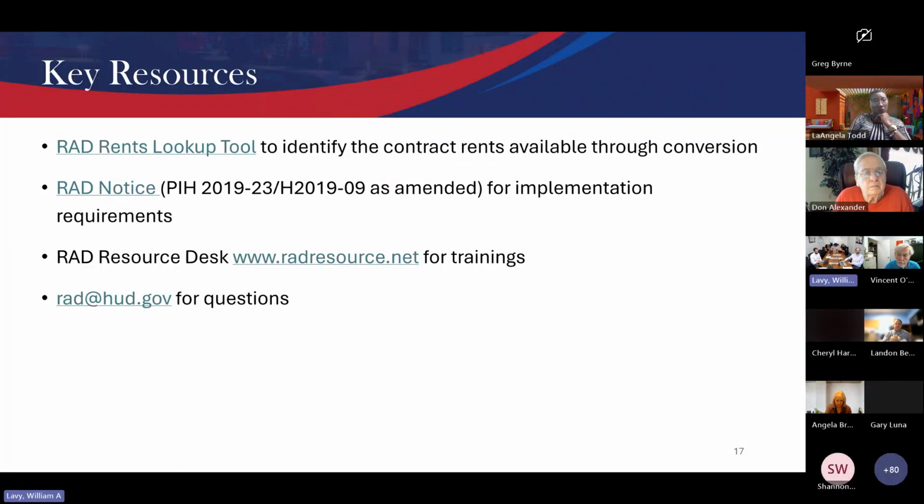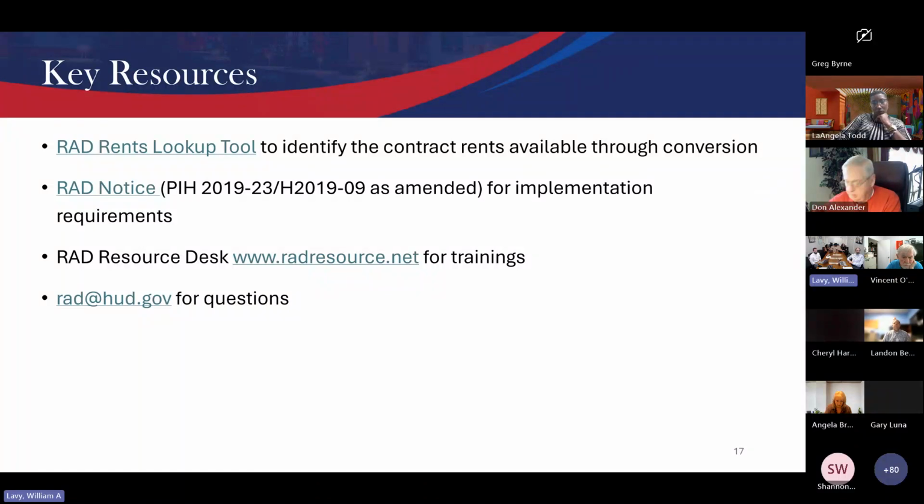And also want to point you to a few key resources as you're starting out. Again, there's that RAD rents lookup tool where you can quickly look up what your contract rents would be and understand the revenue impact of a conversion. All of the rules around RAD are contained within the RAD notice.